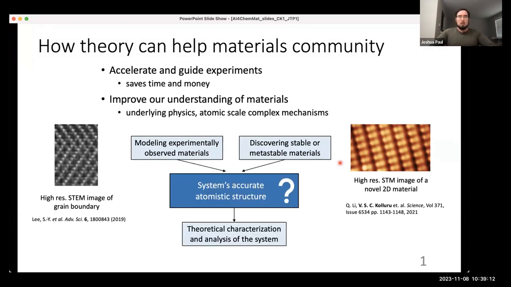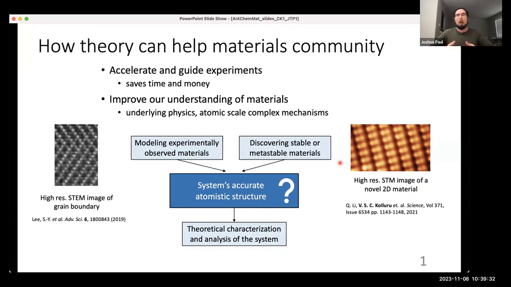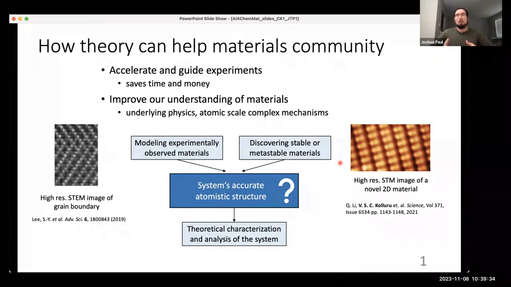So the question being, what is the actual atomistic structure of these experimental images? Sure, the images provide a good amount of information, but we don't actually know the underlying atomistic structure. We can make guesses based on the images, but there was previously no explicit way to really identify the surface.